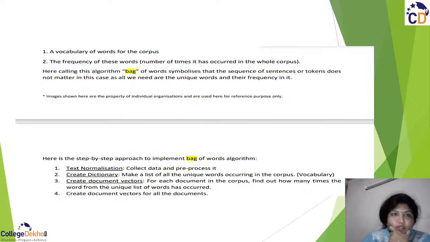Let us see what are the two things that are considered in this. First, a vocabulary of words for the corpus, which you get out of your bag of words. Second, the frequency of these words, the number of times each has occurred in the whole corpus.